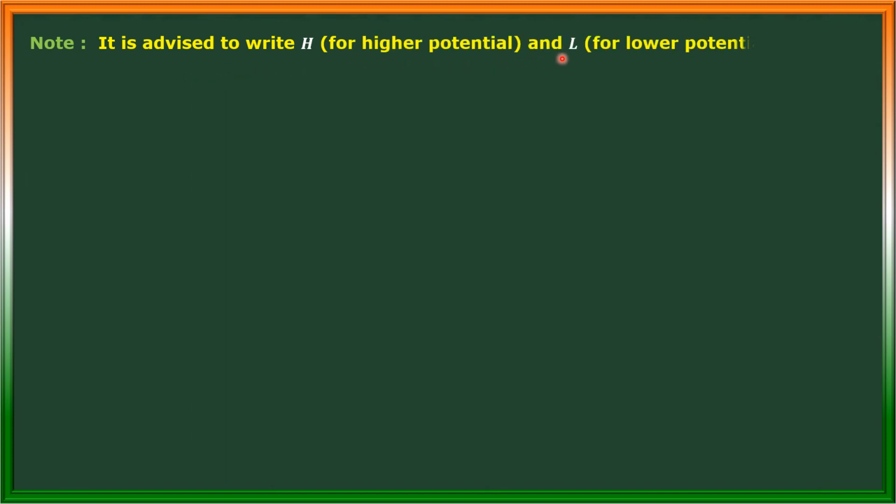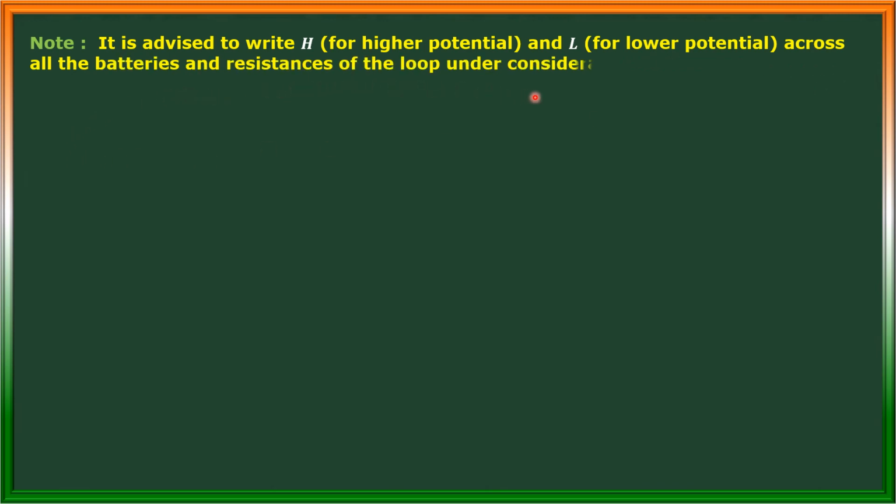Here is a note. It is advised to write H for higher potential and L for lower potential across all the batteries and resistances of the loop under consideration while using the loop law.